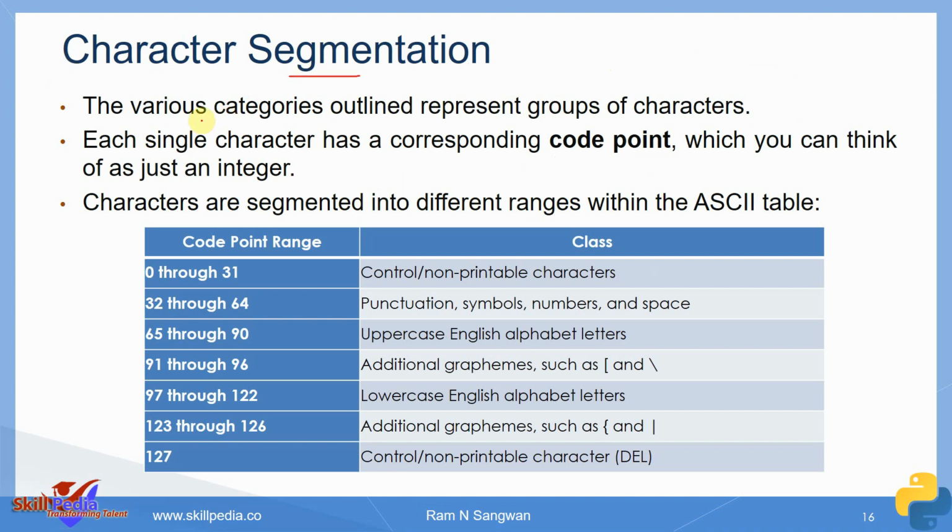Character segmentation. The various categories outlined represent groups of characters like 0 through 31.